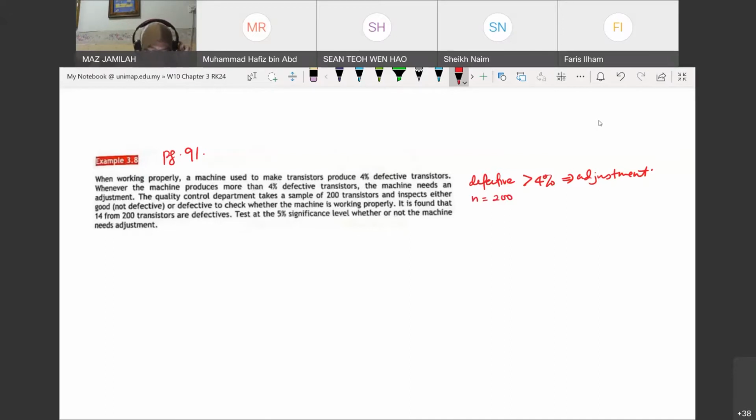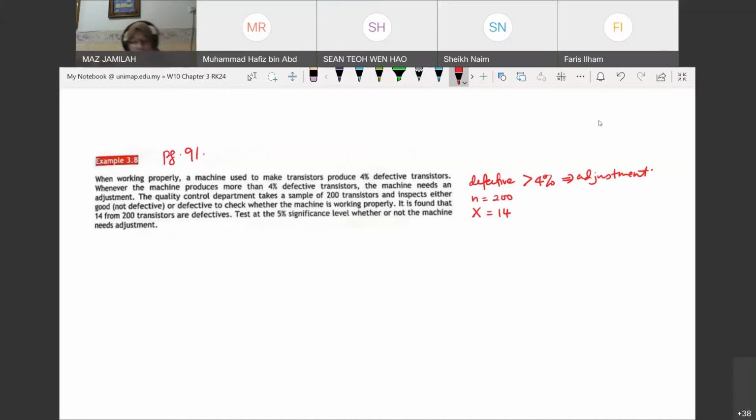It is found that 14 from 200 transistors are defective, so in this case our x is equal to 14, the number of defective transistors. Now, test at alpha 0.05, that is the 5% significance level, whether or not the machine needs adjustment.